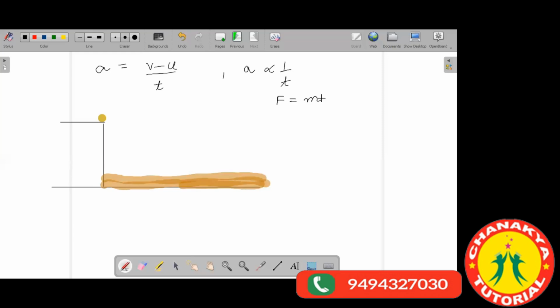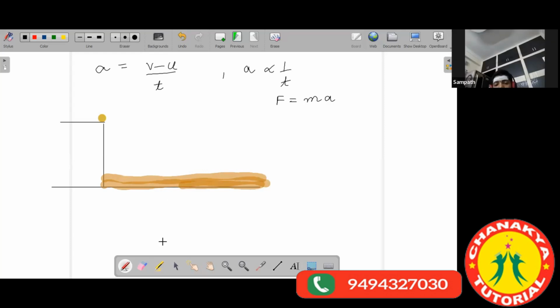Can you predict the force that will be experienced by a person who is jumping on a cushioned surface and by a person who is jumping on a hard surface? Sir, when we reach the cushion, the time interval is more, and when we reach the ground, the time interval is less?